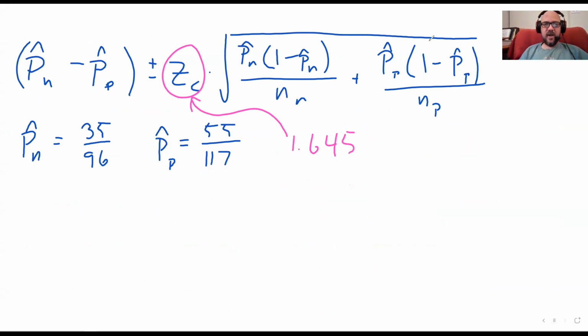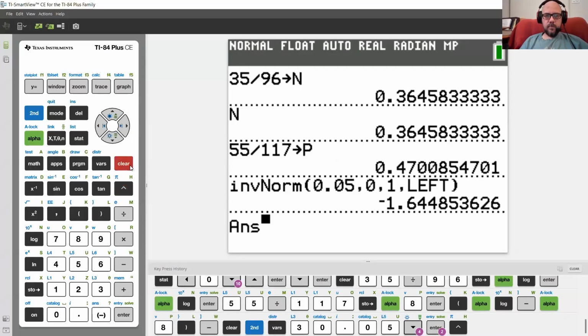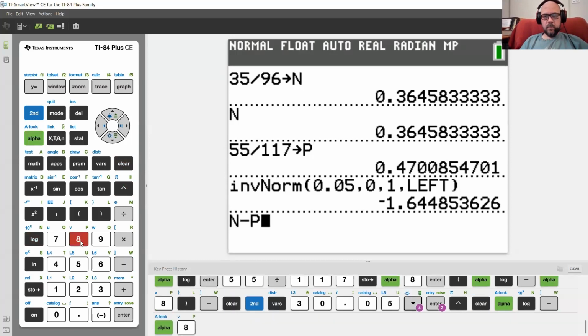Okay, now let's actually go to the calculator and do this. We're going to do N minus P. In the calculator, N minus P plus or minus 1.645 times the square root of all that nonsense. So let's go do that. N minus P, so alpha N minus alpha P. I'm going to go ahead and put some parentheses around this.